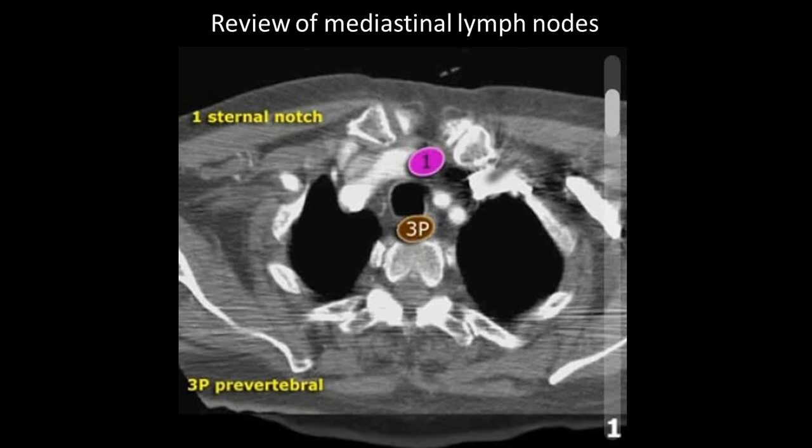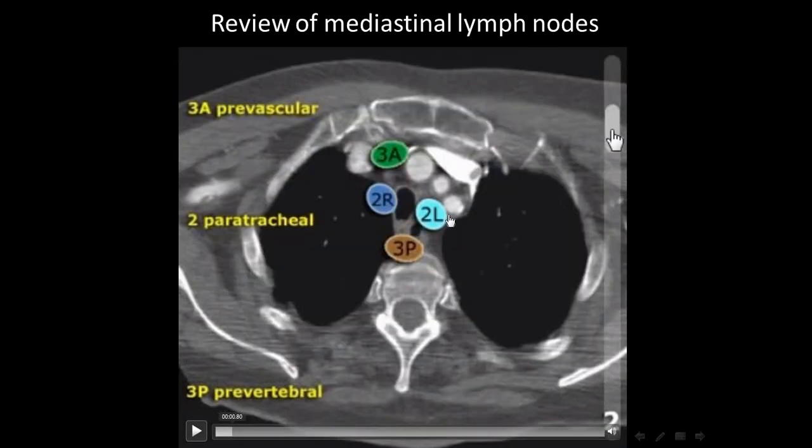We said 3 is prevascular and prevertebral. So these ones are anterior to the vertebral column and around the vertebral column, so they are the third station. We move down, here we see the second station, which are the upper paratracheal. On the left side, the left ones, and on the right side, the right ones. 3A are the prevascular, right? And these are the prevertebral.